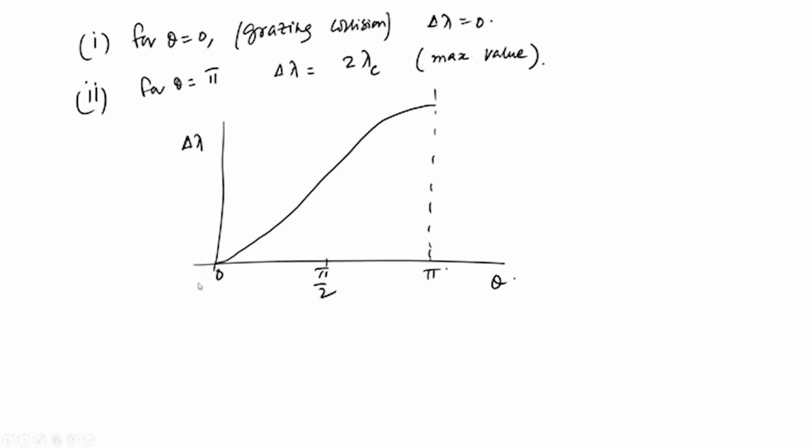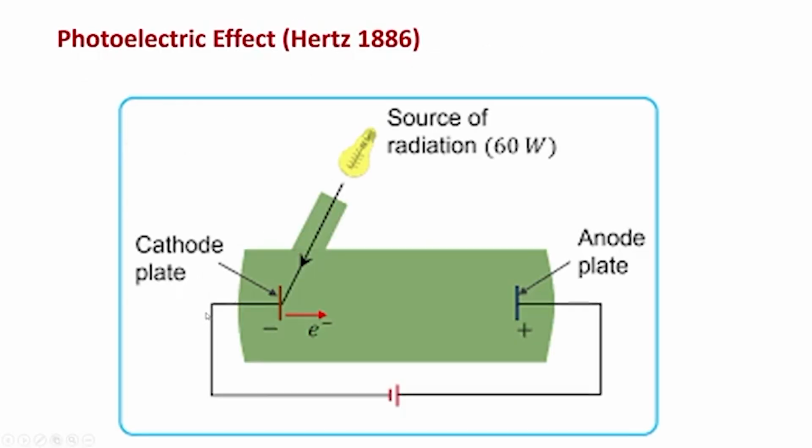So, this is the Compton effect, and we can quickly go through the photoelectric effect, which was performed by Hertz in 1886, in which there is a source of radiation, which can be a bulb or any source that you can think of, and there is a metal plate, which is called the cathode plate here. So, this is the metal plate, the light is incident on it, and there is an anode.